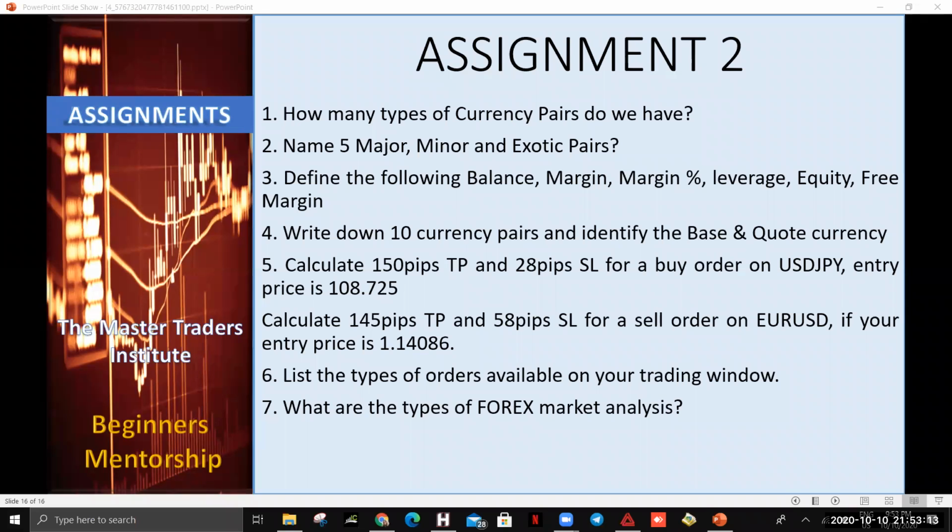And tomorrow, the people that are going to join will have a trading journal. I'm going to give everyone a trading journal. I will create a group where everybody who did the assignments is going to be. The trading journal will help you mitigate all these excessive losses you are making in the market.